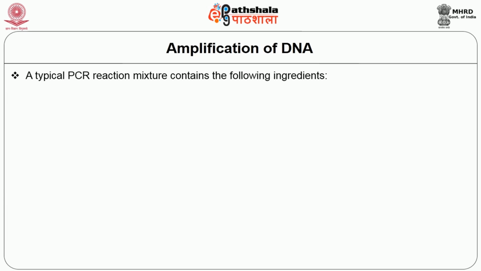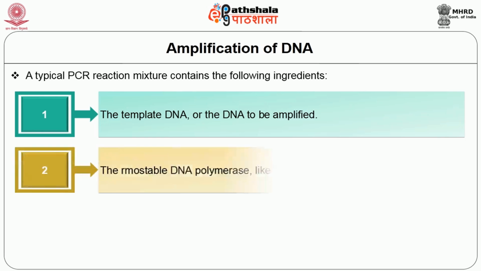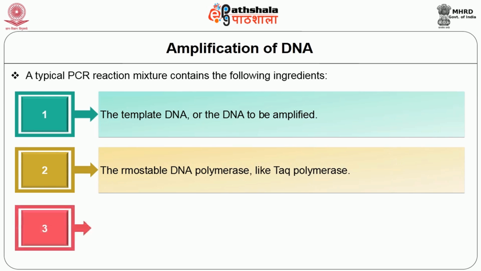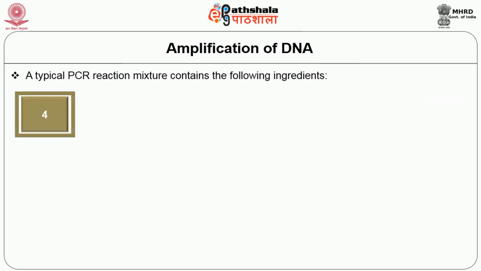A typical PCR reaction mixture contains the following ingredients. 1. The template DNA or the DNA to be amplified. 2. Thermostable DNA polymerase like Taq polymerase. 3. 2 DNA primers to initiate the polymerase action, which are oligonucleotides that are complementary to the 3' ends of the sense and the antisense strands of DNA, termed as forward and reverse primers respectively. 4.